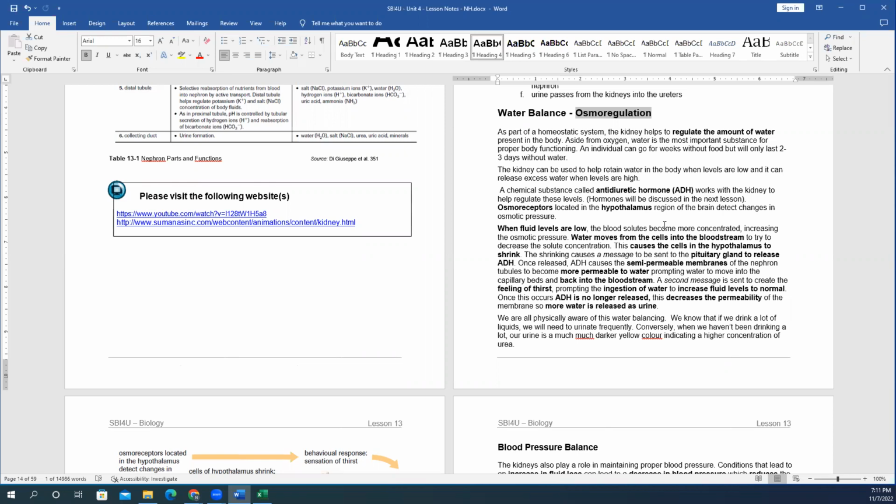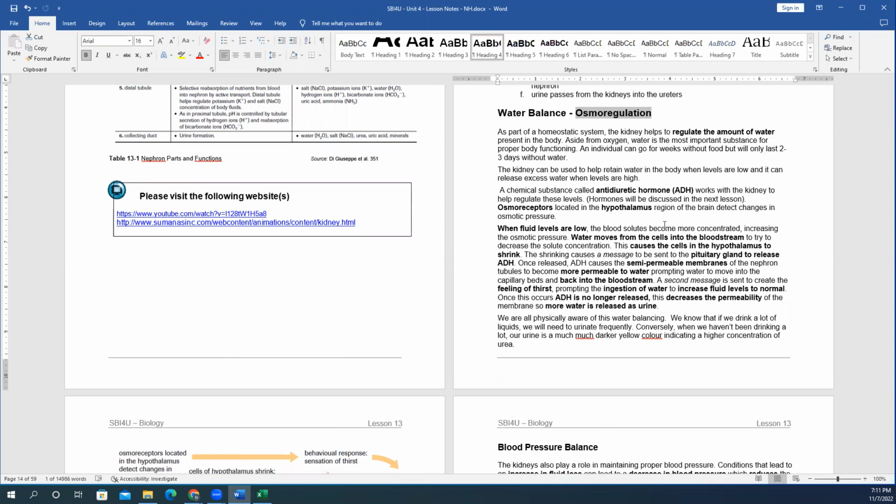As a result, water moves from the cells into the bloodstream to try to decrease the solute concentration, and this causes the cells in the hypothalamus to shrink as water tries to leave them and enter the blood in order to correct that low concentration of water.